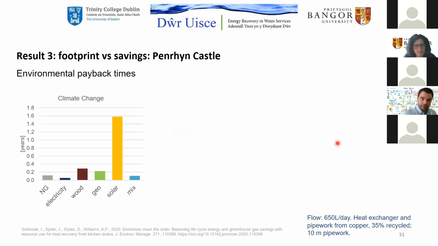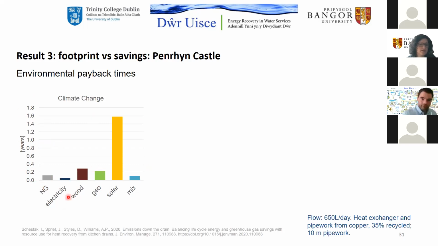And I'm showing you here the results for different energy sources which can potentially be replaced, again for the climate change category. We have the years here on the left-hand side.